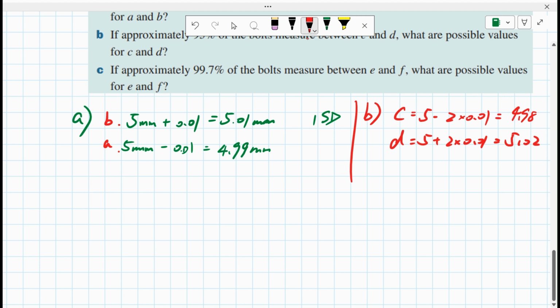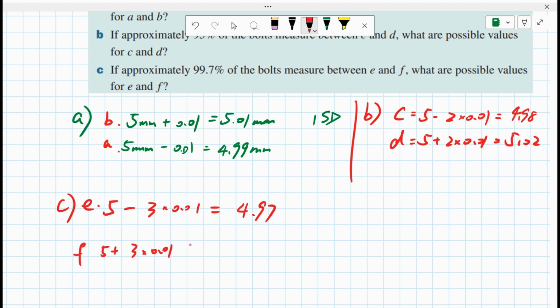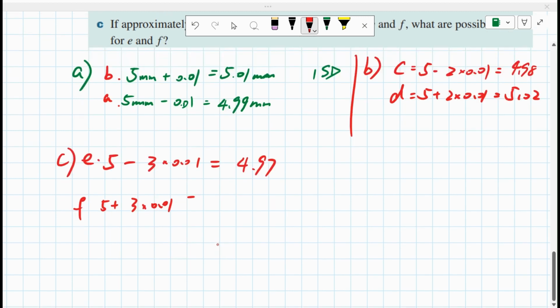You just keep adding and subtracting. E is 5 minus 3 times 0.01, which is 4.97. F is 5 plus 3 times 0.01, which equals 5.03 millimeters.